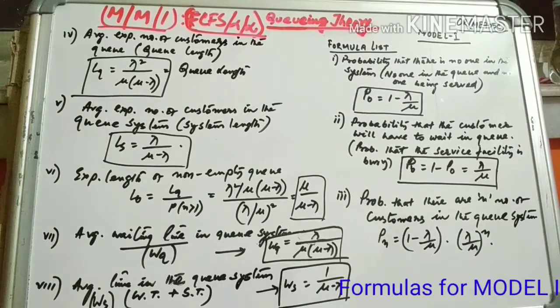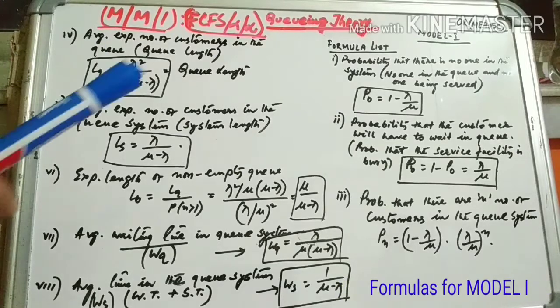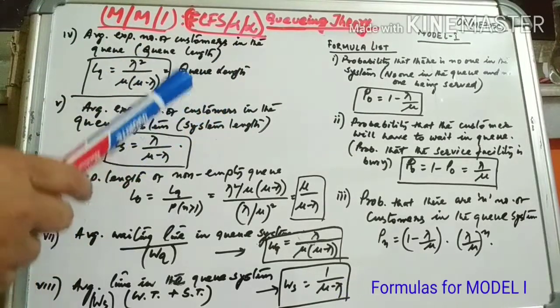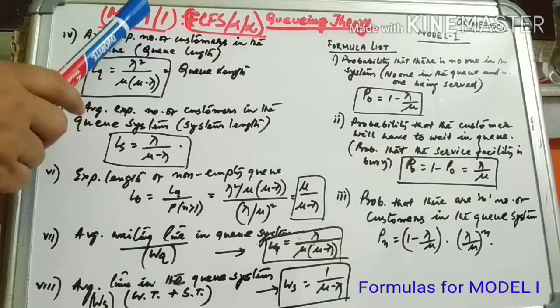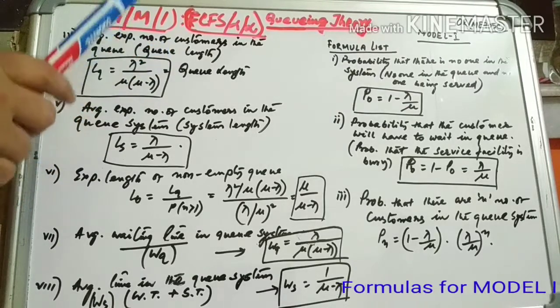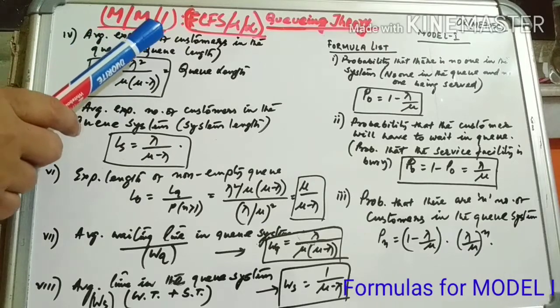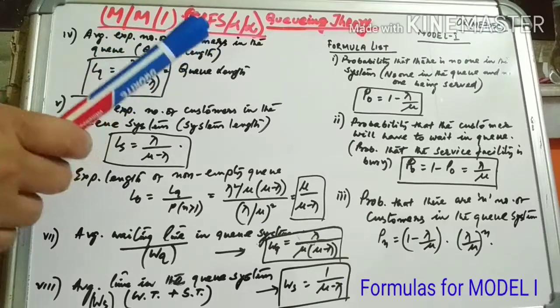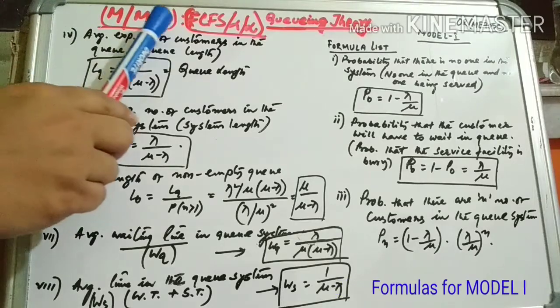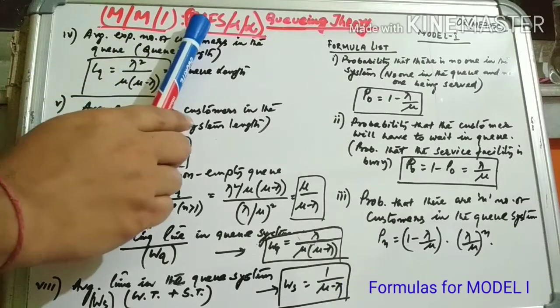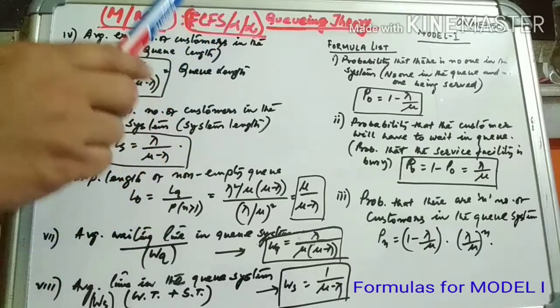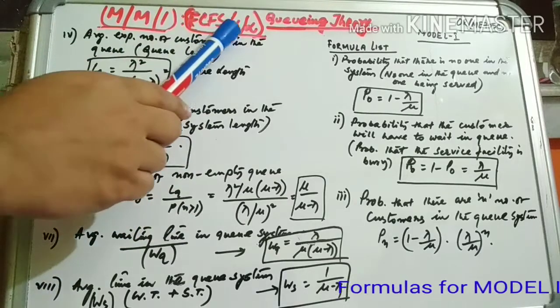So today we will start with model number 1, which is a single server, Poisson arrival, exponential service, infinite population model. Okay, M/M/1, and it is FCFS, that is first come first serve, /infinity /infinity.